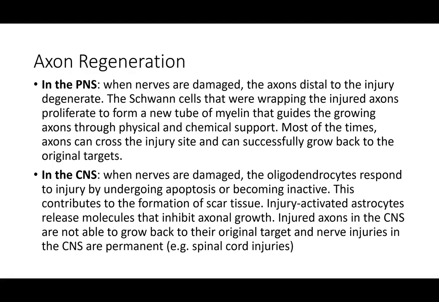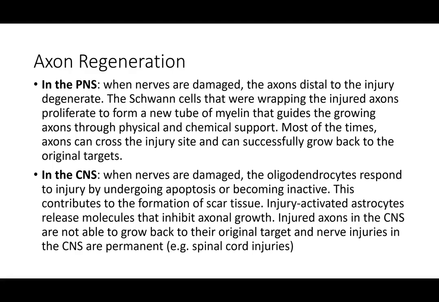In the peripheral nervous system, when nerves get damaged, the axons that are distal to the injury will degenerate, so they will break down. The broken off piece furthest away from that injury is going to break down.